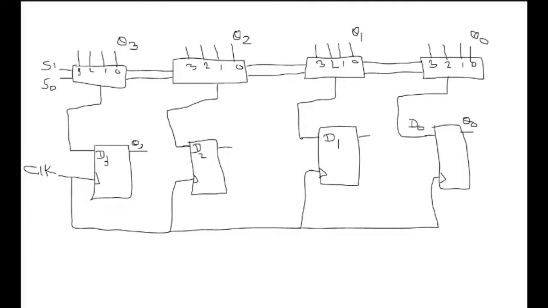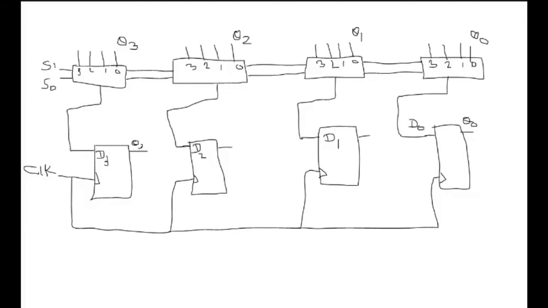The next is when S0 S1 is 0 1. For 0 1, the first pin will be active for my mux, and it is the shift right operation. For shift right, we need to provide the data at D3, and it will be shifting towards the right.